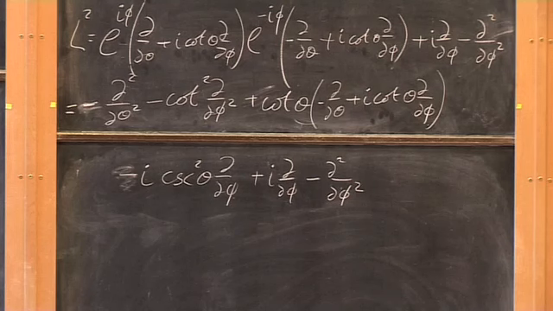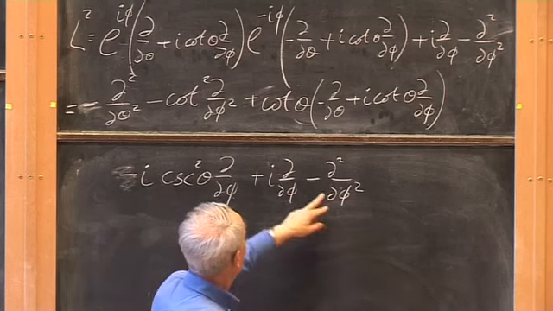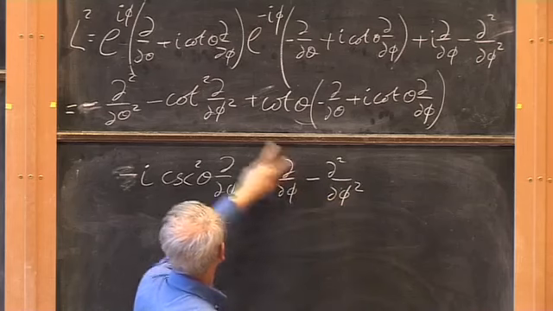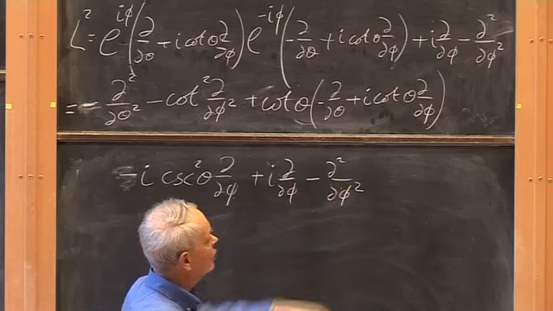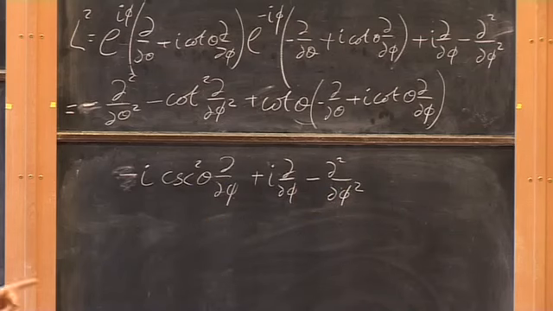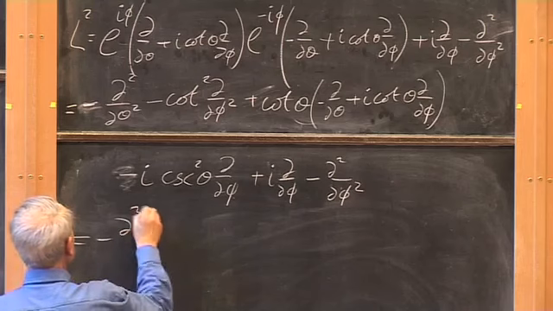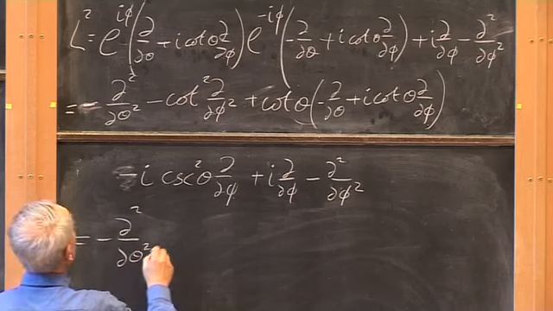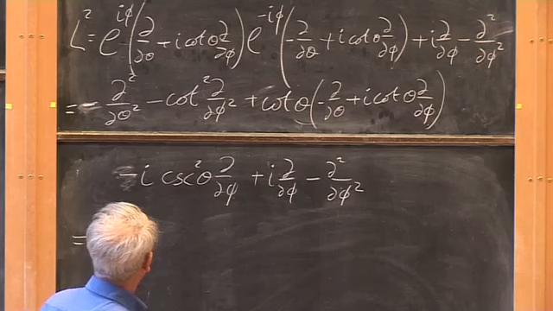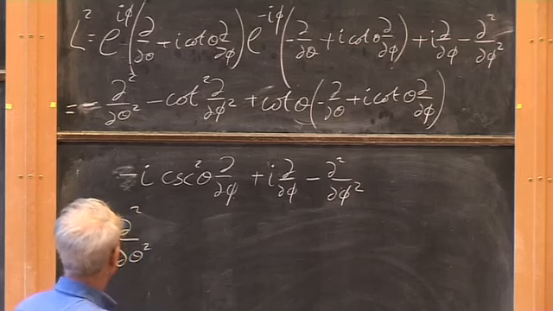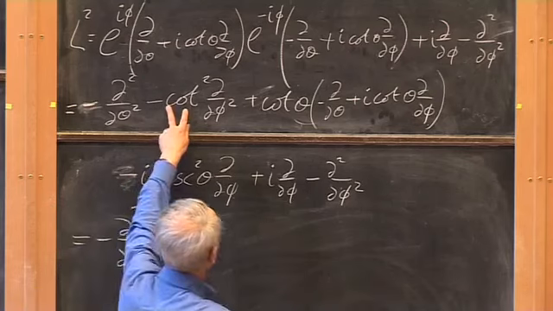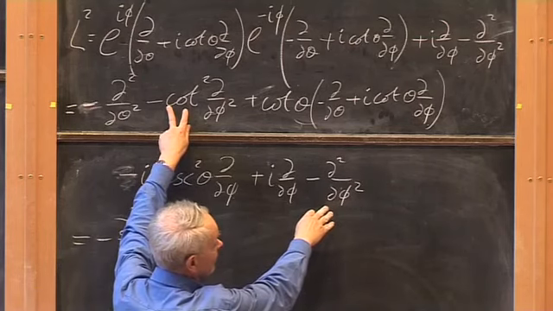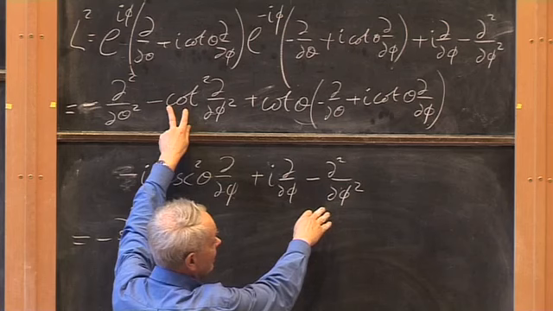Then I also can use this identity to consolidate this double derivative and this double derivative. So we have a cot squared and a 1, and I can trade it in for a cosec squared according to that formula there. So we end up with minus d2 by d theta squared. We've got a cot squared and a 1. They both carry minus signs, which means I have to have them on the other side.